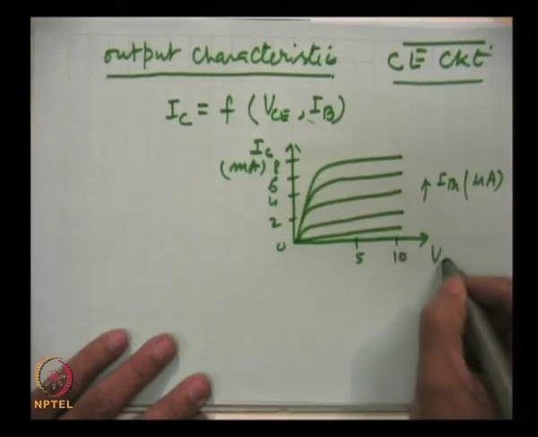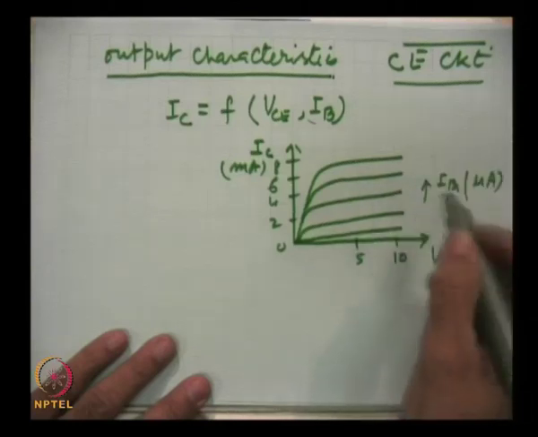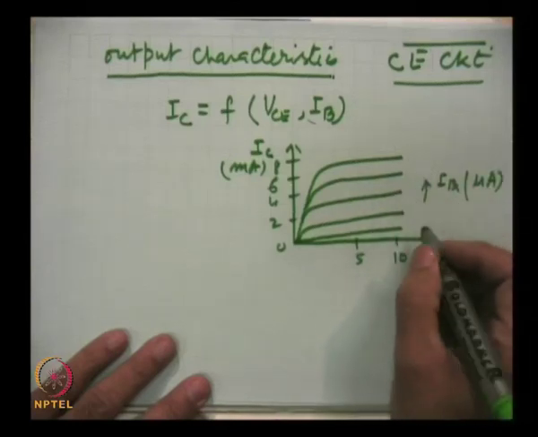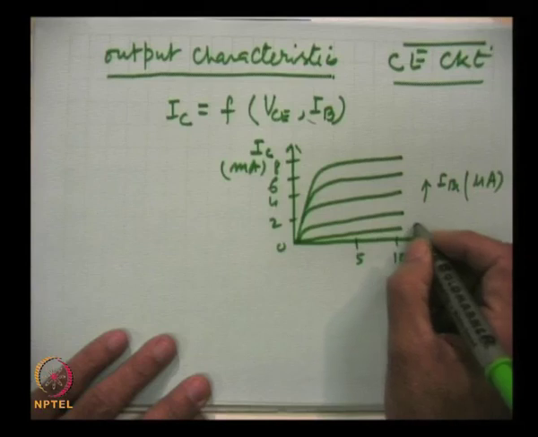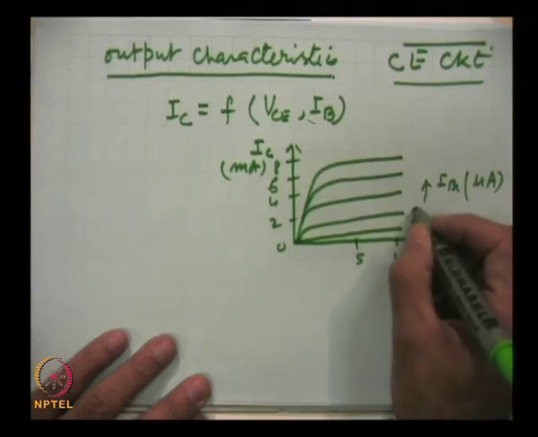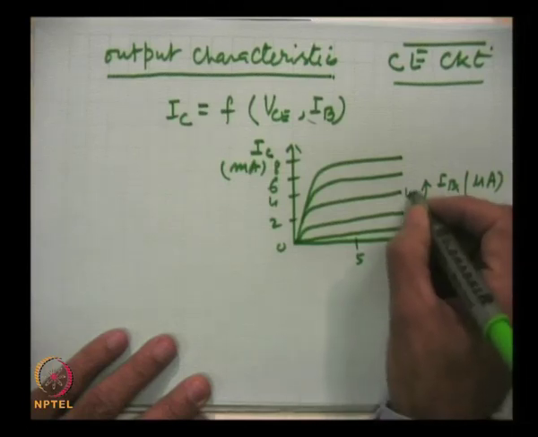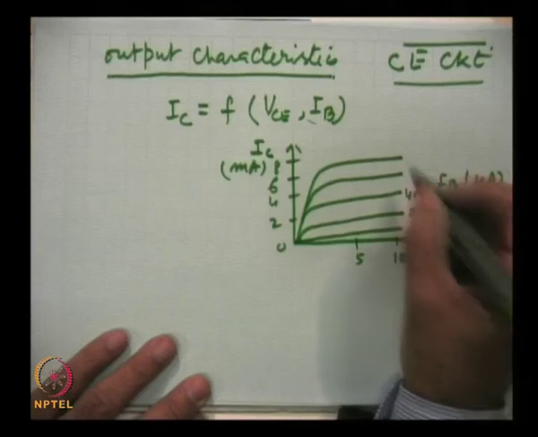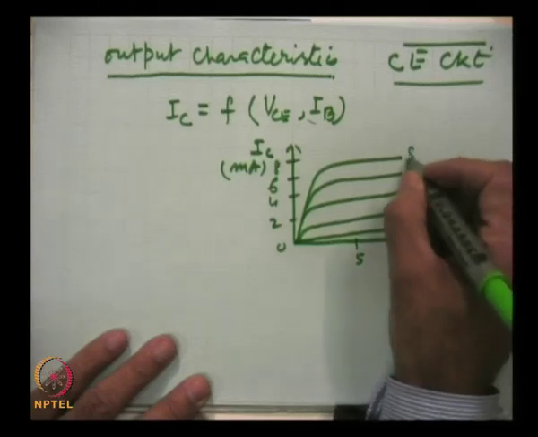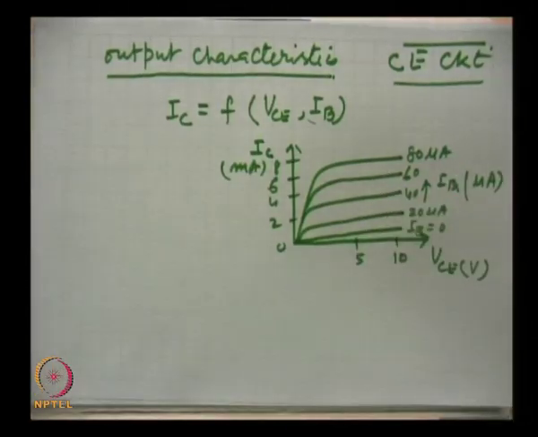This is VCE in volts, and these are the characteristics here. For example, this is IB equal to 0, this is IB equal to 20 microampere, 40 microampere, 60 microampere, 80 microampere and so on. These are the output characteristics.